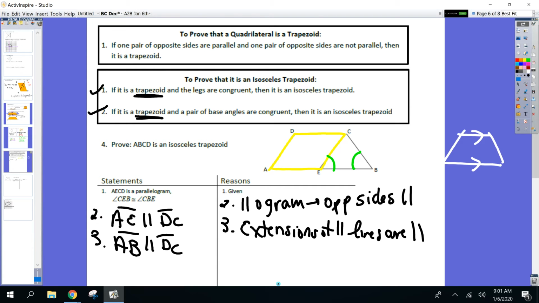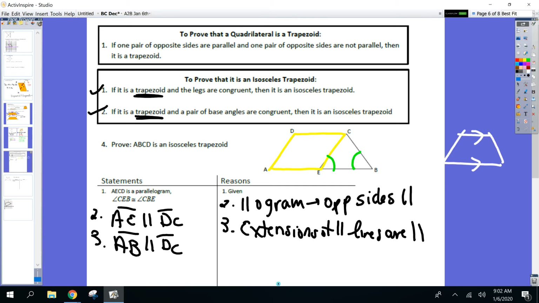This is the worst part of my year right now, at this moment on this day, is showing you why DA is not parallel to CB. Because it's one of the most non-mathematical things I'm ever going to have you write down. And it does kill me inside, all sarcasm aside. What do you guys know about parallel lines? They never intersect, right?